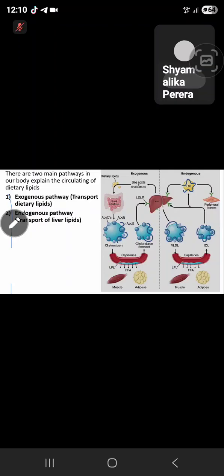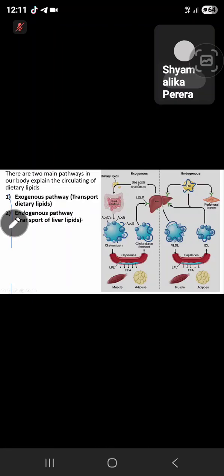In lipid analysis, first, as with glucose metabolism in our blood, in lipids there are 2 main pathways of transport in our system: the exogenous pathway and the endogenous pathway.